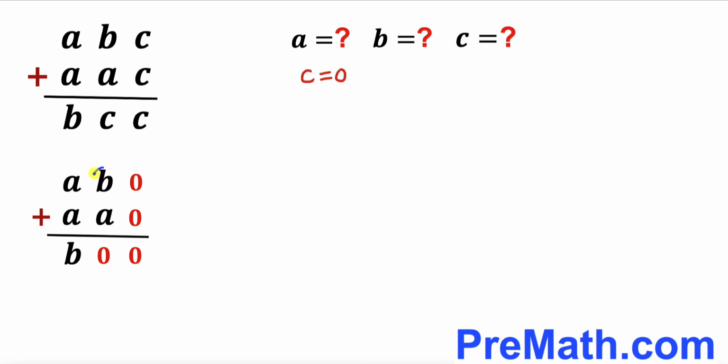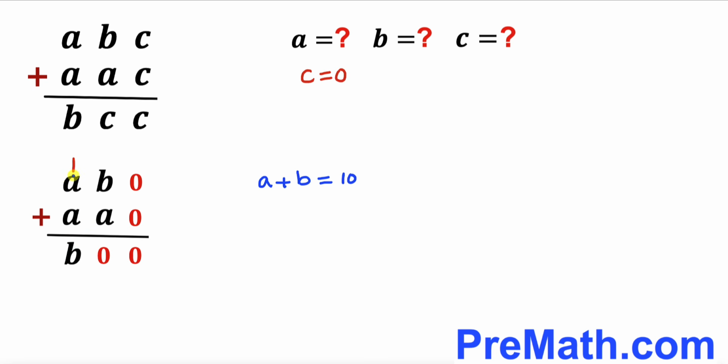In other words, A plus B is equal to 10, and since this digit is 0, we carry over 1 to the hundreds place. Here, 1 plus A plus A is equal to B.